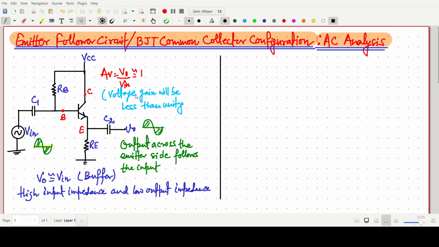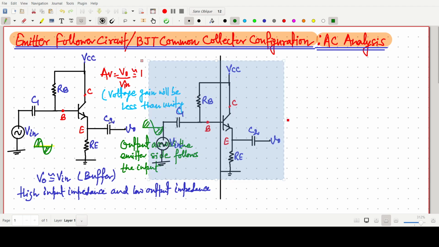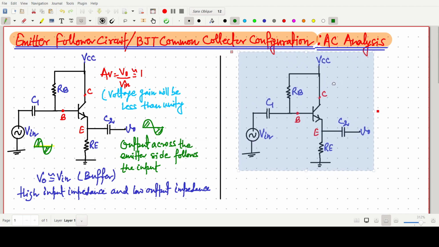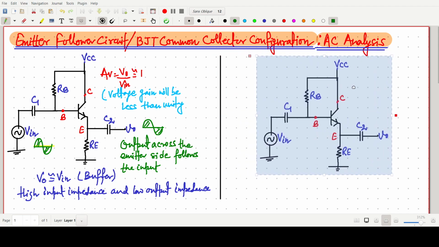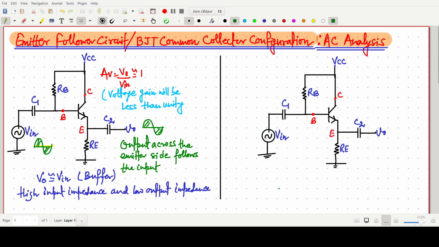So this is the emitter follower circuit, and I have already covered some basic ideas. Now we have to go for the AC analysis of that particular circuit. First of all, for the AC analysis, I am taking the same circuit here.